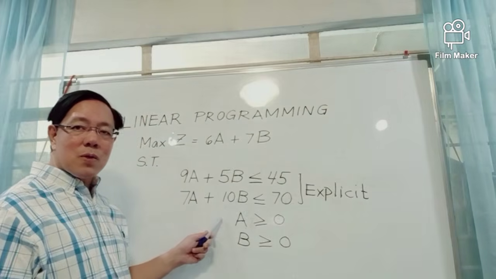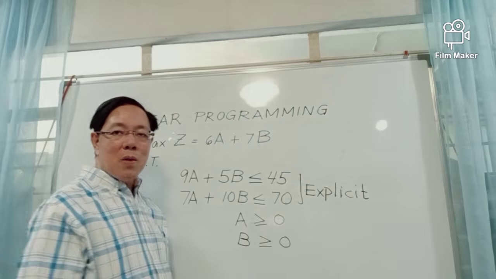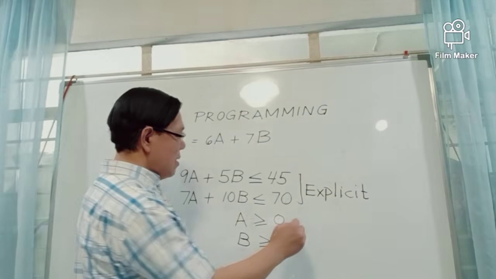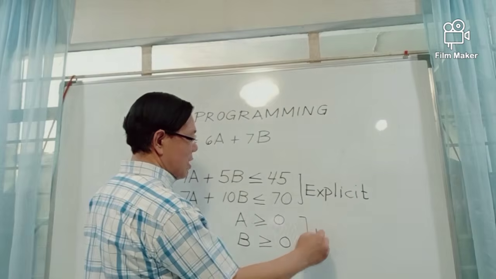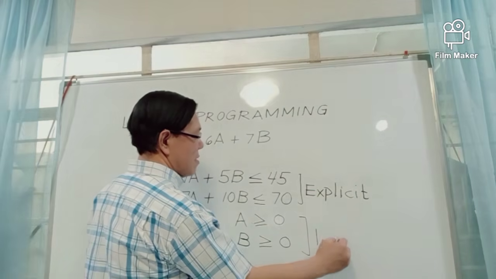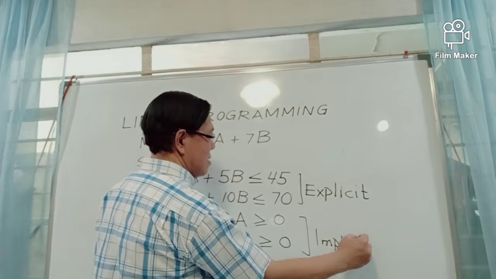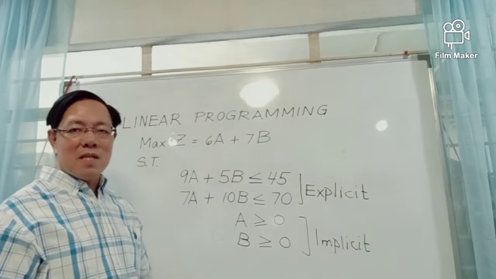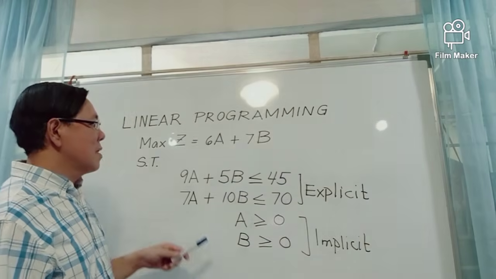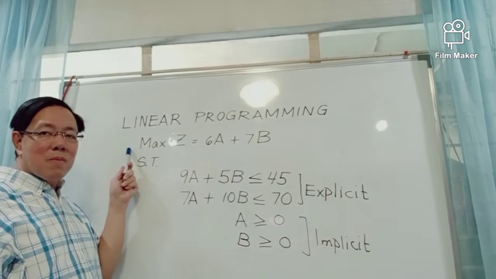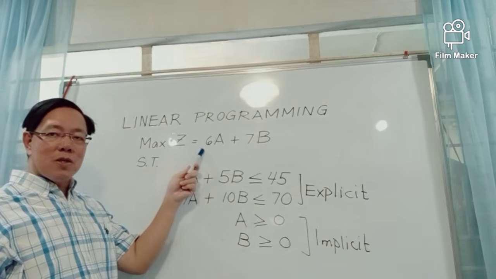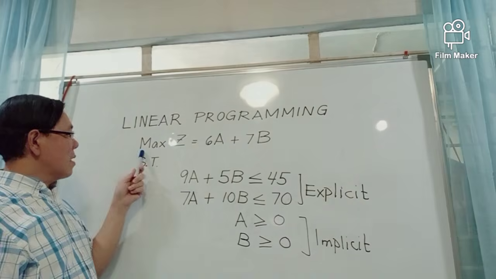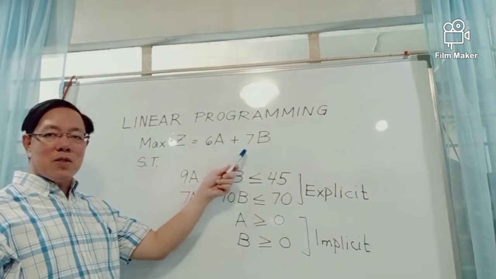And the last two constraints are known as implicit constraints.